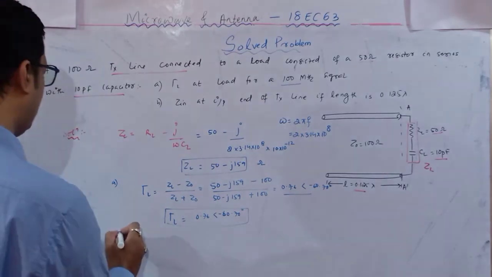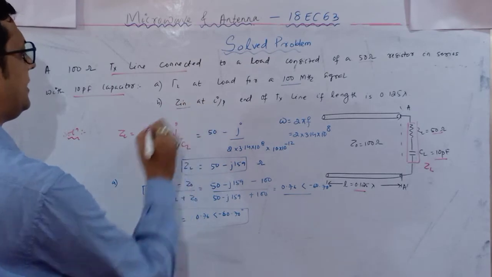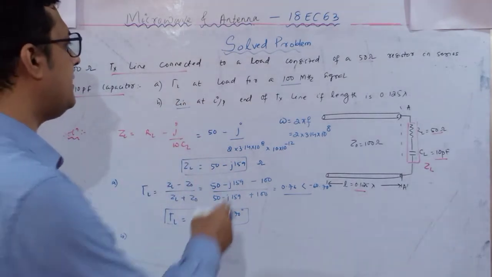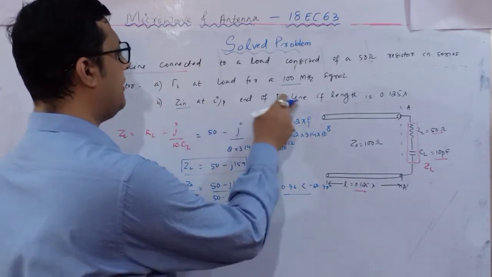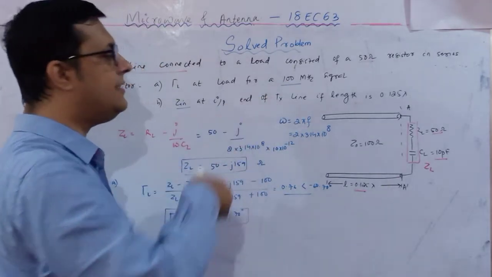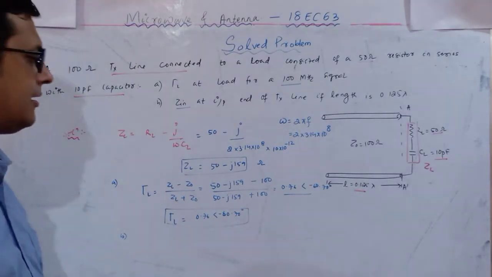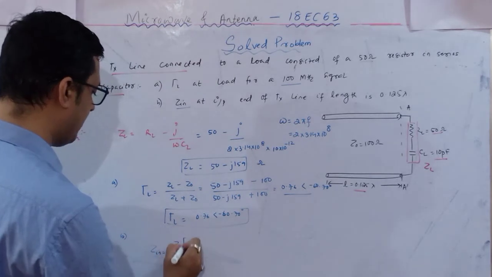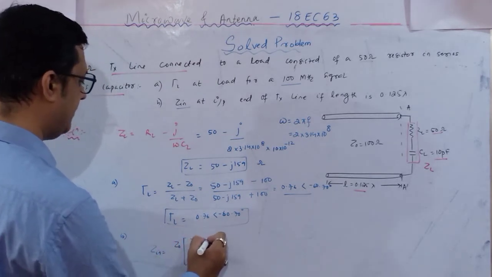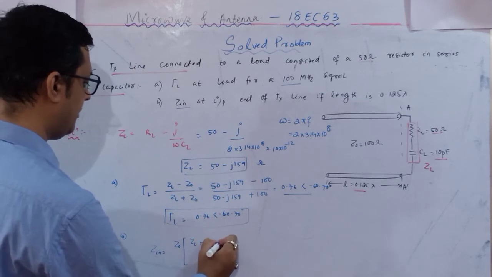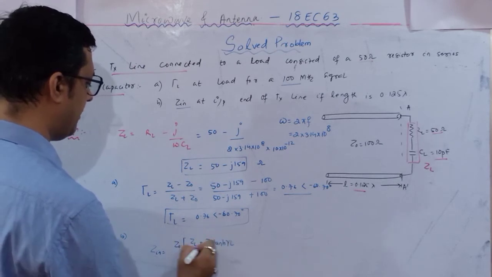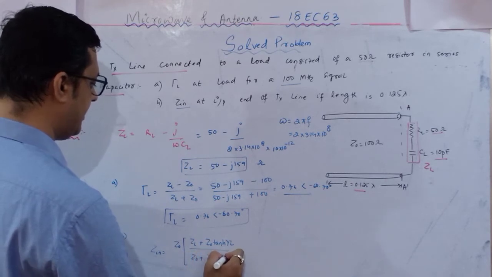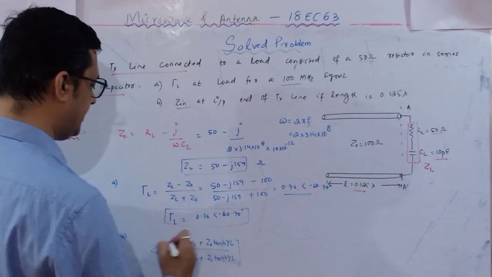Now once the reflection coefficient is known, next he is asking about the input impedance at the input end of the transmission line if the length is 0.125 lambda. Now our input impedance relation is Z0 times ZL plus Z0 tanh gamma L divided by Z0 plus ZL tanh gamma L. This is the general equation.